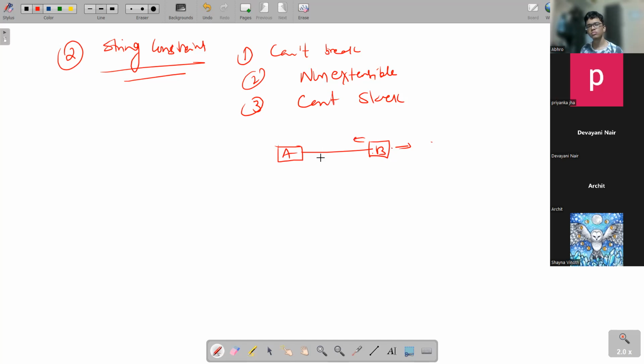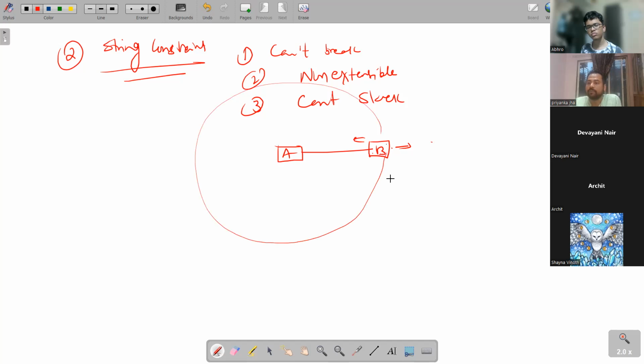If B goes this way, B will have some relative velocity with respect to A. So A is at rest. Now B will move. B can move like this, in circular motion, on a circular path.